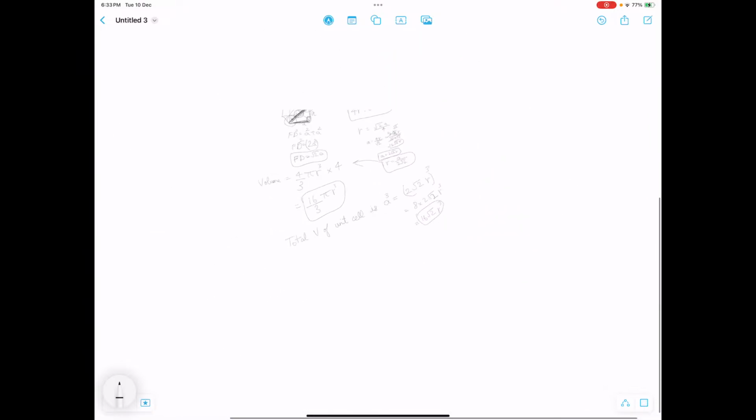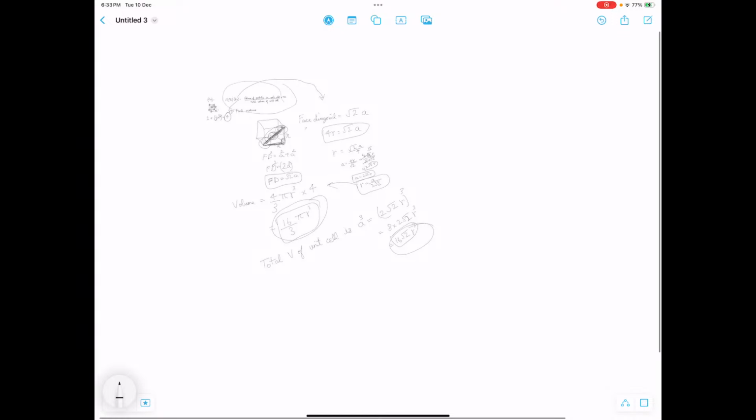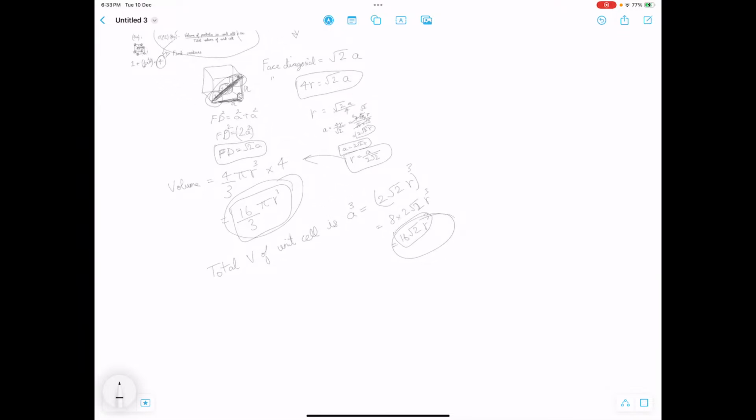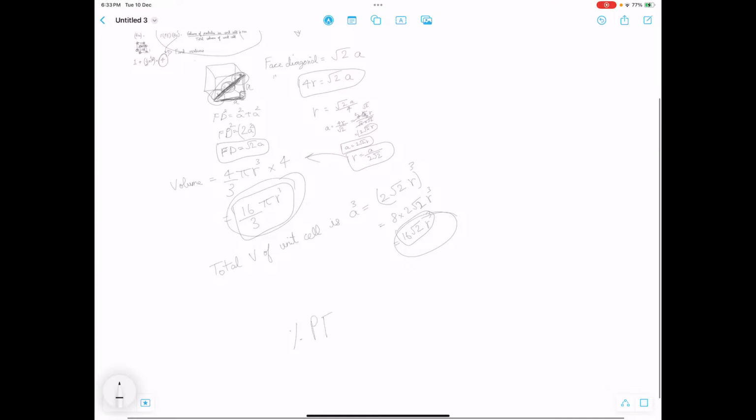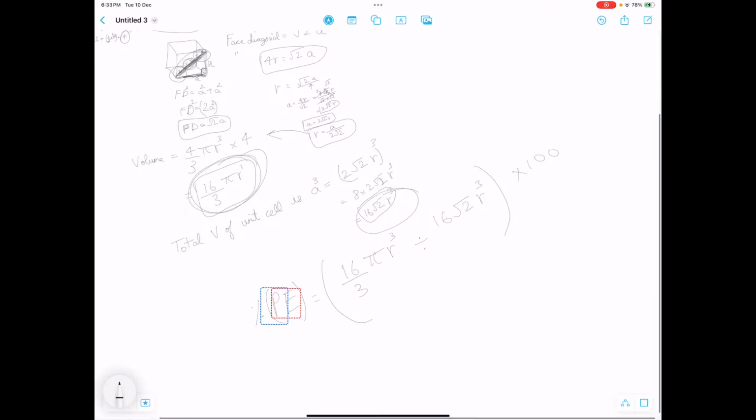Now you just put these two values in the original equation. So the total percentage packing efficiency formula: total volume of all the particles in the unit cell, which is this. So you write 16 by 3 pi r cube, and then you divide it by 16 root 2 r cube. This total is multiplied by 100 as it's a percentage.